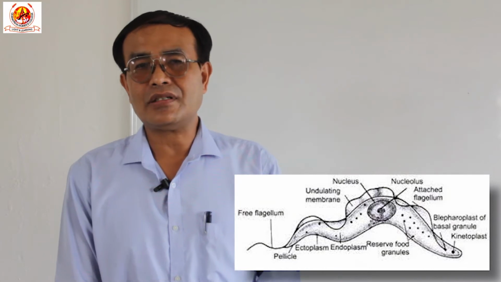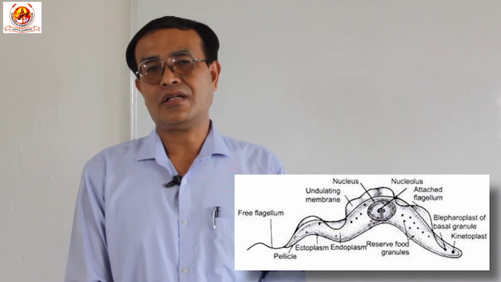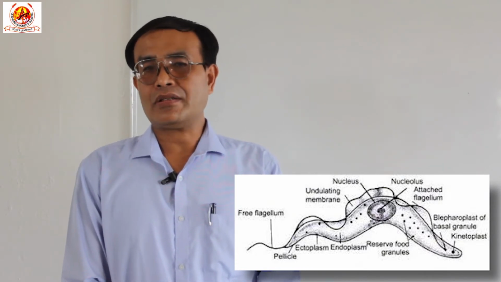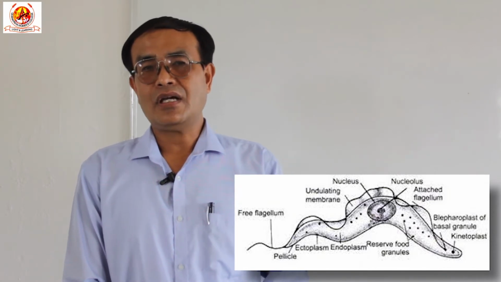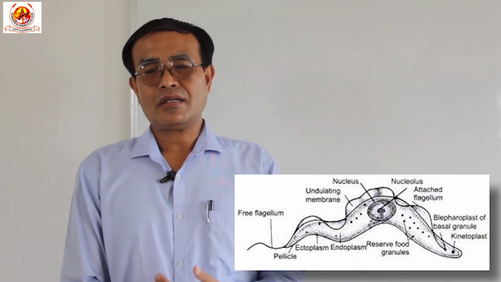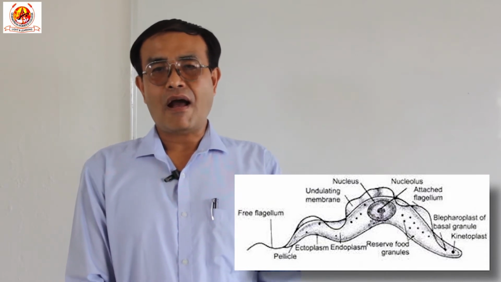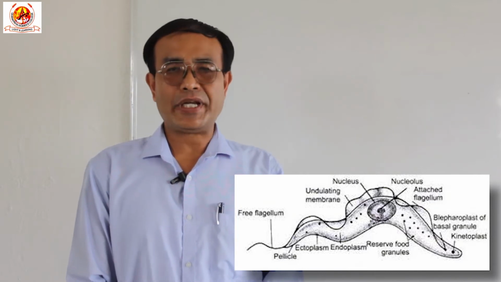Actually it has a slender, elongated and microscopic body, and it contains many cytoplasmic granules and some other cell organelles like endoplasmic reticulum, Golgi bodies, mitochondria and nucleus.